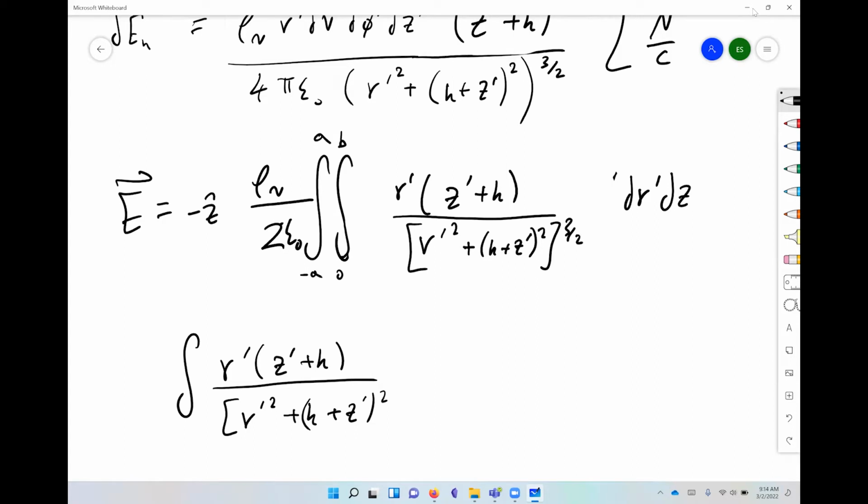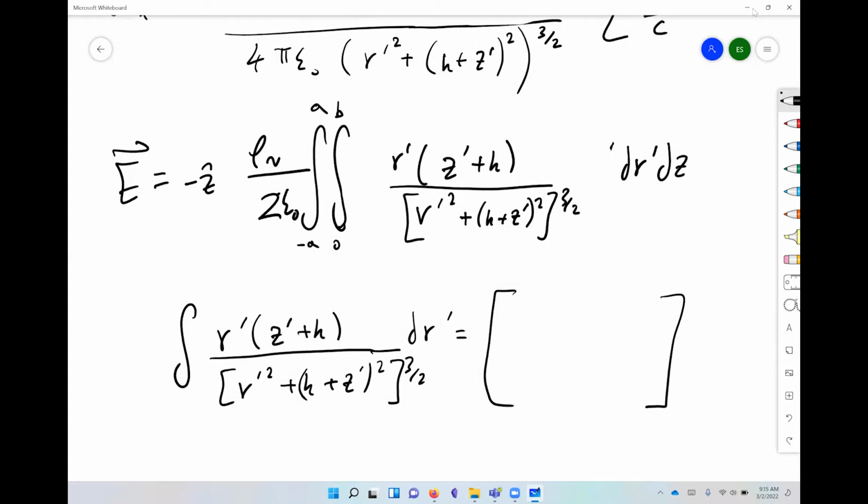Here you can go to an integration table, or if you're using software, you can use computer algebra software to do this integral, but this is easy to do by inspection. Whenever you have a squared power in the denominator and first order in the numerator, it's easy to do by inspection. You can even do substitution if you want.